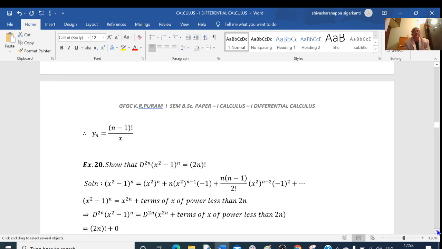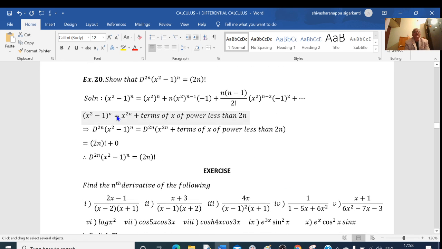One more example. Show that the 2nth derivative of (x^2 - 1)^n is equal to (2n) factorial.